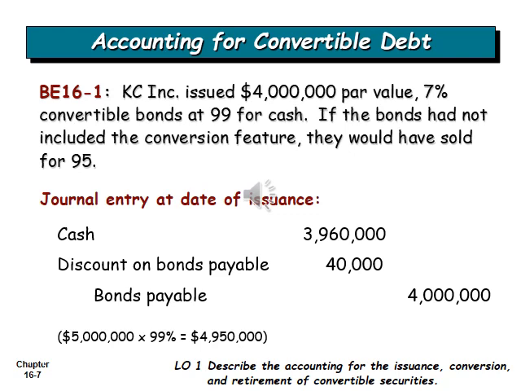Now the entry at the time of issuing will say, and we studied this before, debit cash for 3,960,000, which is the 4 million times 99%, and debit discount on bonds, which is the 1% of the 4 million, credit bonds payable.